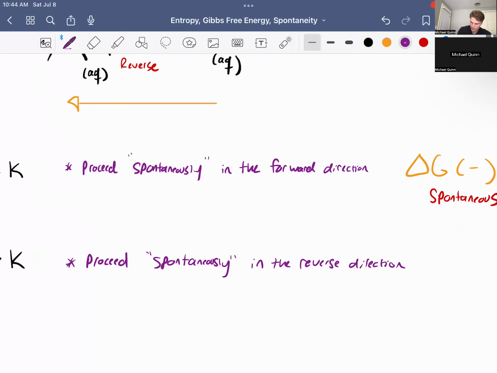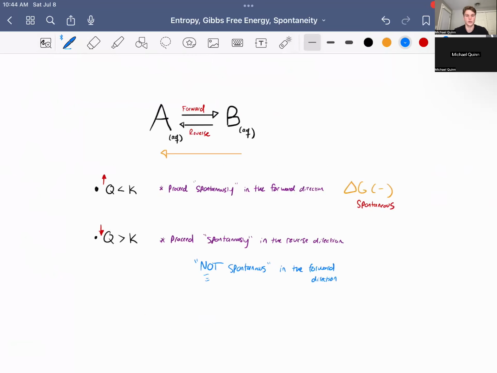What we can also say is that it is not spontaneous in the forward direction. So when Q is greater than K, we do not want to run this reaction in the forward direction. It will proceed spontaneously without any input of energy in the reverse direction.